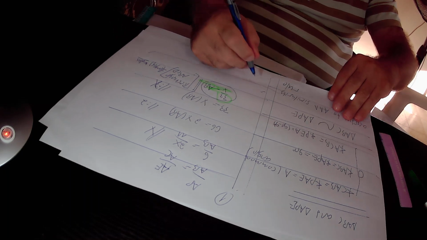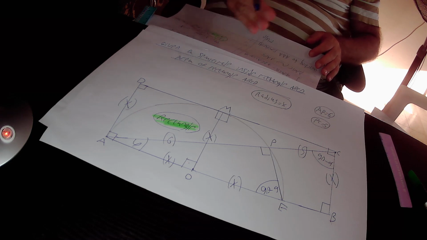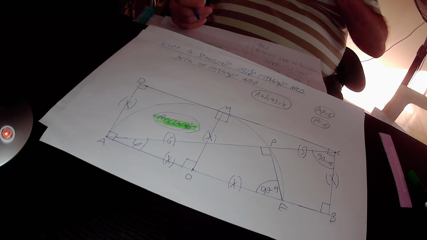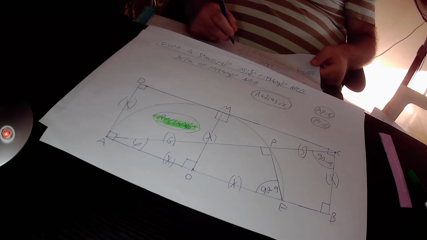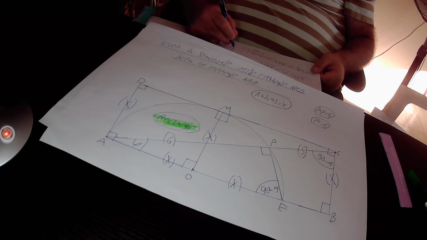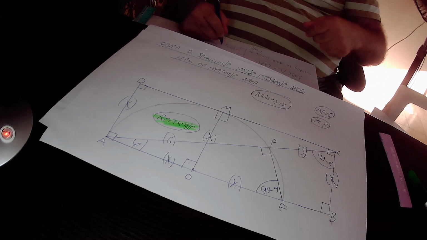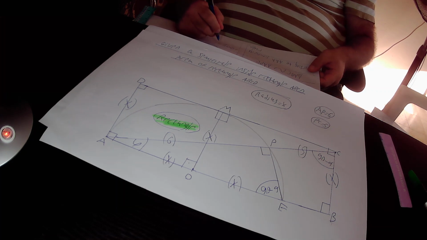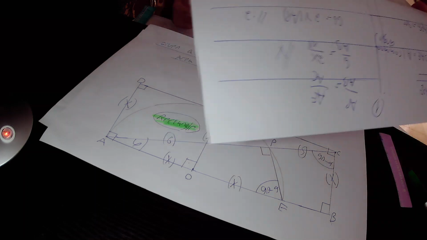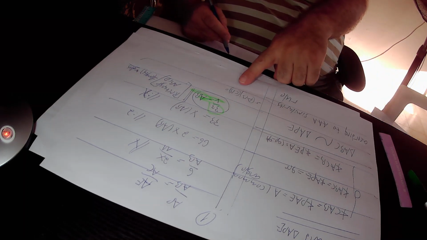And therefore, the area of this rectangle ABCD must be equal to the length of this rectangle ABCD times the width. The length of this rectangle ABCD is AB, and the width is CB. So in total, we shall find that the area of this rectangle ABCD equals AB times CB.